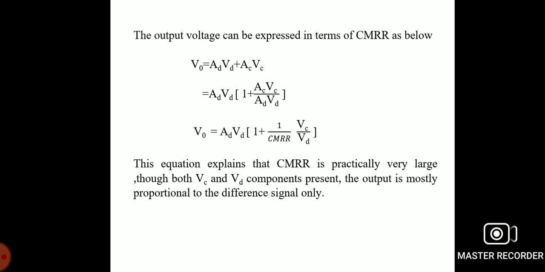From this equation, the CMRR is practically very large. Though both common voltage and differential voltage components are present, the output is almost proportional to the differential signal only.